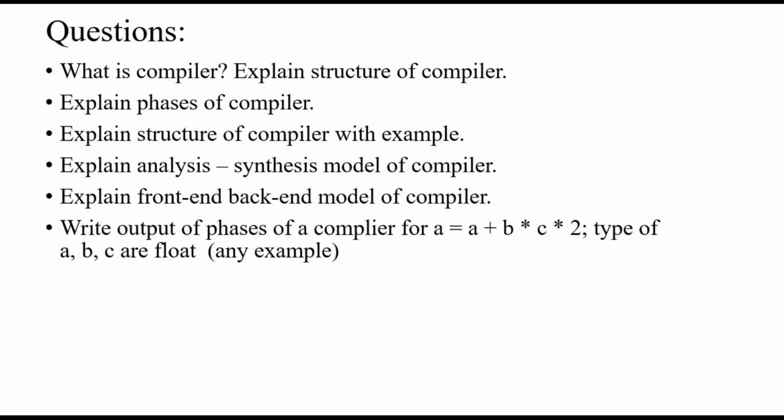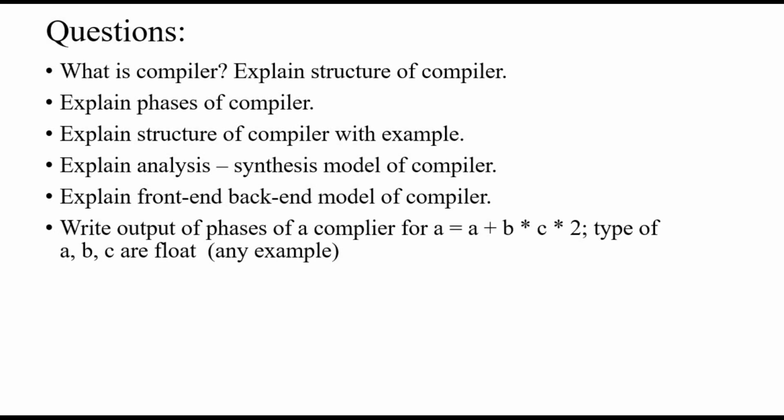You can write any example. Explain the analysis synthesis model of a compiler. Explain the front end back end model of a compiler. Or a specific example may be asked in your exam, like write the output of the phases of a compiler for a equal to a plus b into c into 2, where the types are float or similar. These types of examples are asked in your exam.